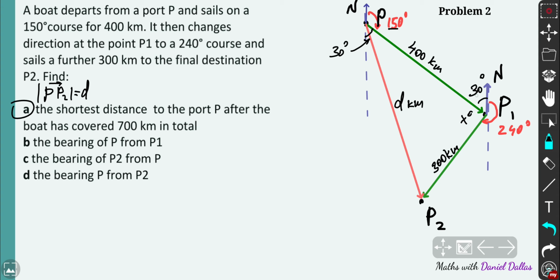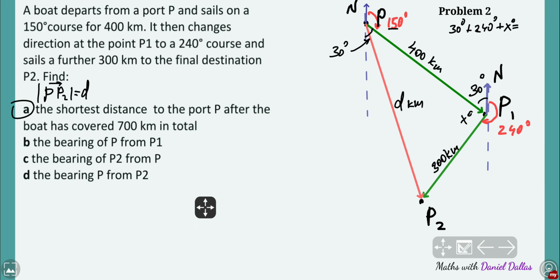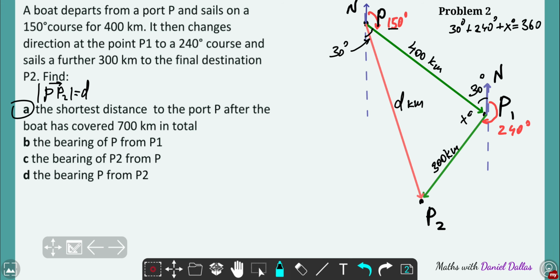So let's see, 30 plus the bearing 240 plus angle X should form 360 because this is the central angle around the point P1. So we can say that 30 plus 240 plus angle X should form 360 degrees.